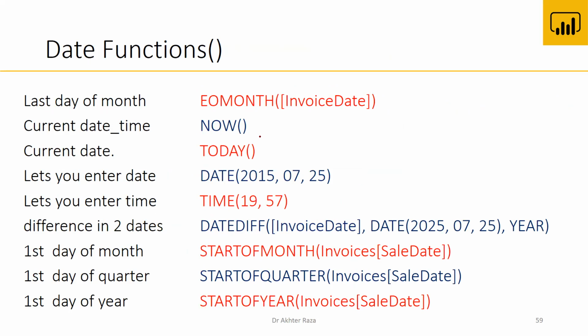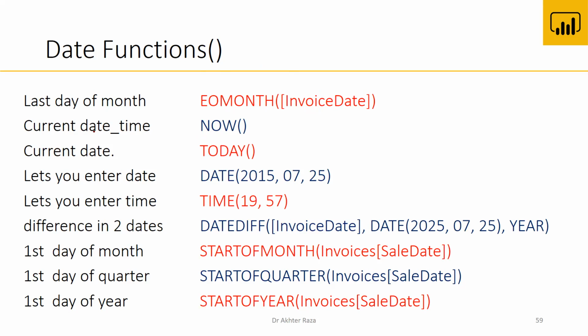The NOW function can be used for the current date and time. For the last day of the month we have EOMONTH, which means end of month. If the date is there, it will be automatically switched to the last date of the month.